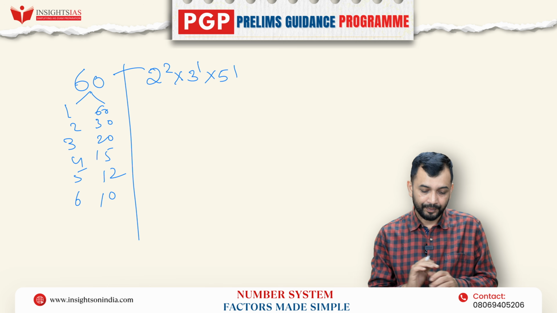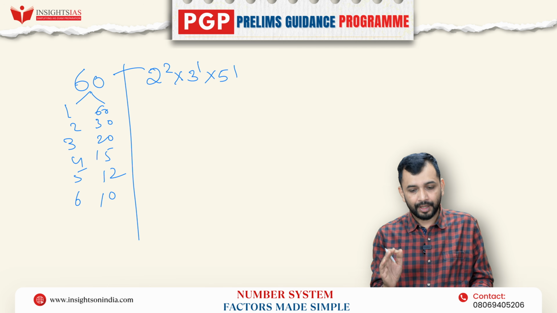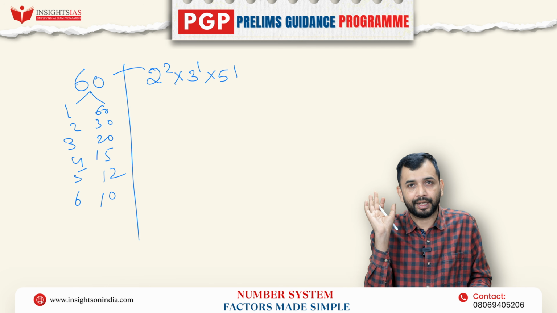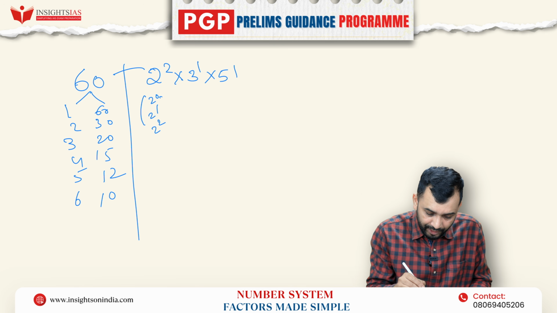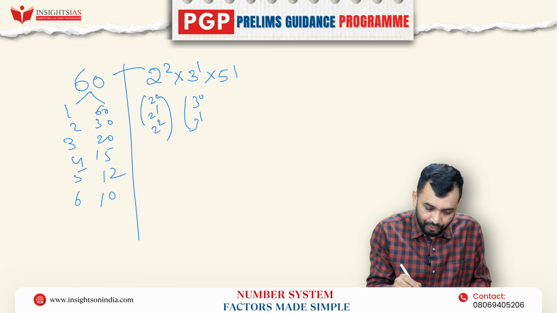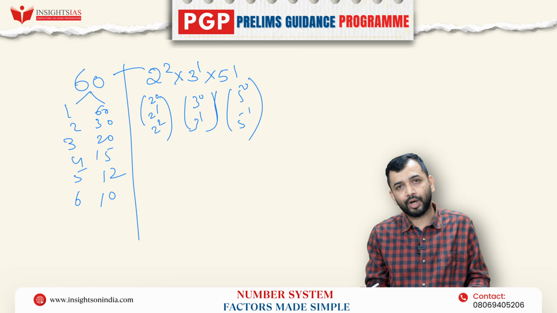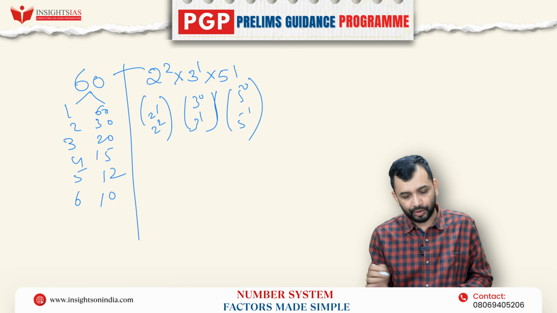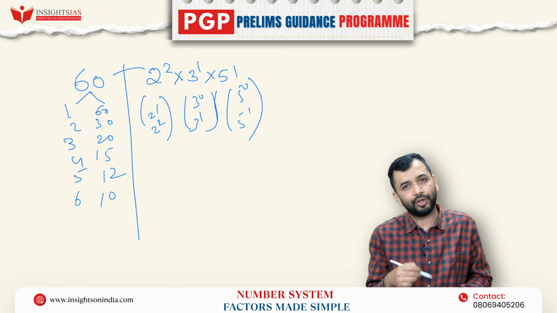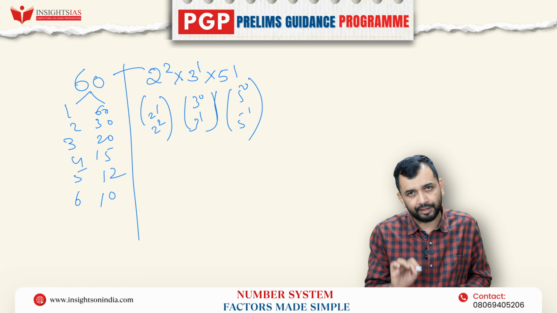This is the first rule. Now if I want to get even factors, what should I do? 2 to the power of 0, 2 to the power of 1, 2 square, 3 to the power of 0, 3 to the power of 1. Similarly, 5 to the power of 0, 5 to the power of 1. And what should I do? I should not consider 2 to the power 0. So the remaining are 2 to the power of 1, that is an even number, and 2 square, 4, that is an even number.